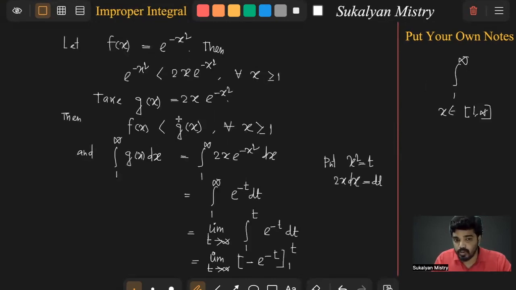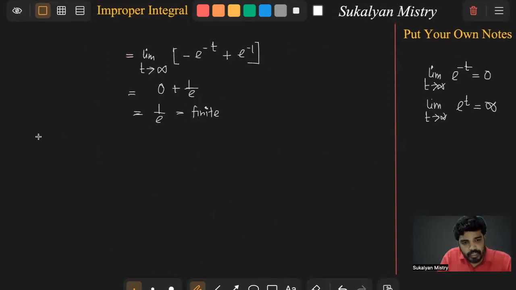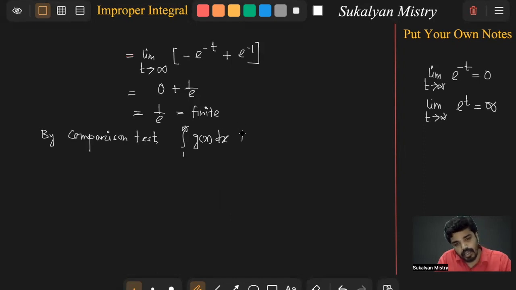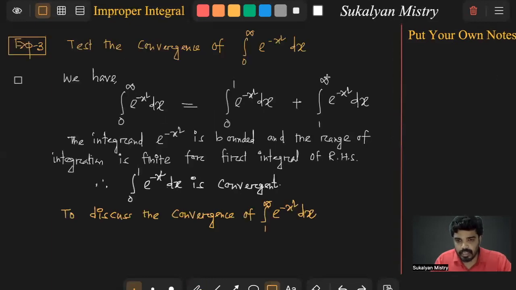Now apply the comparison test. We see that integration 1 to infinity gx dx is convergent, so integration 1 to infinity fx dx is also convergent by comparison test. So we see that this is convergent and also this is convergent.